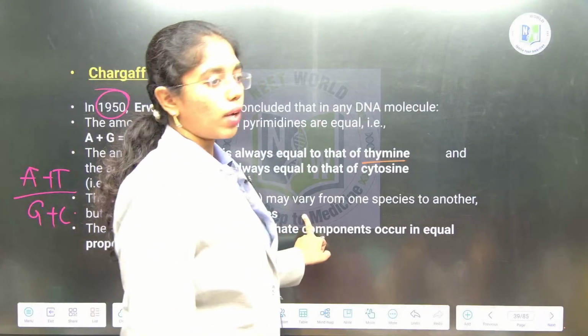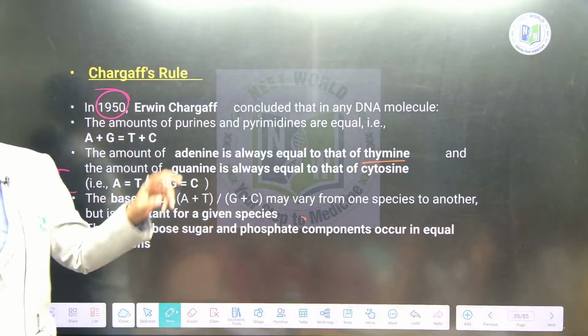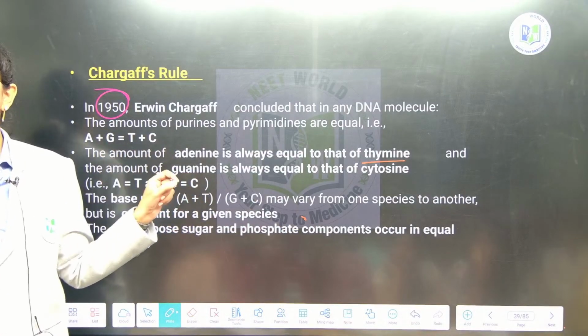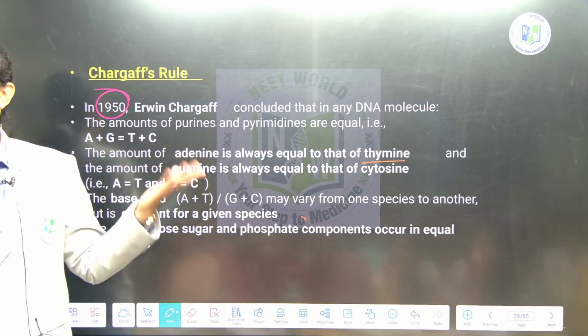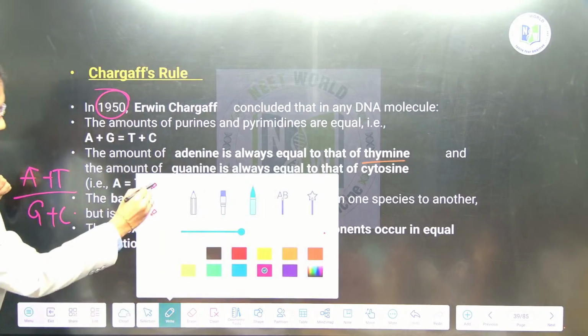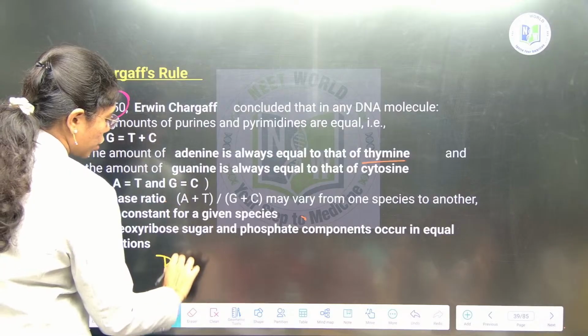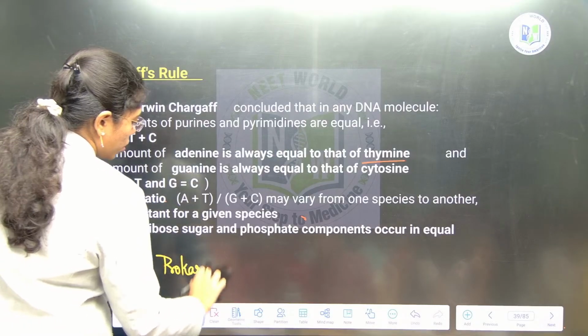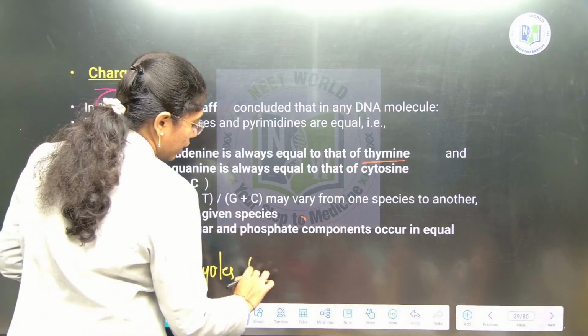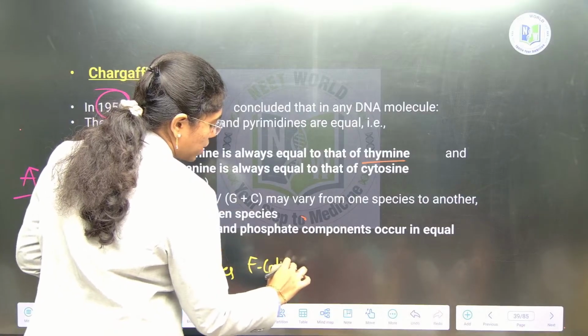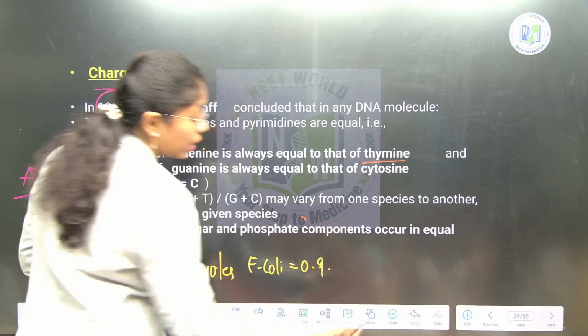It will vary from one species to other. Usually in prokaryotes that will be less than 1, in eukaryotes it will be more than 1. In prokaryotes like E. coli, the base ratio is around 0.9.